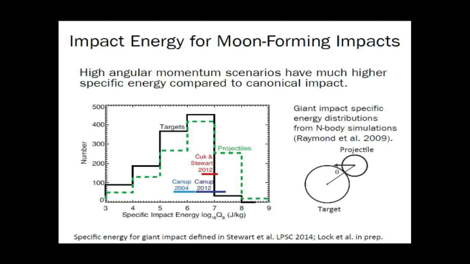The canonical Mars-size impactor is a roughly order of magnitude less energetic event compared to the new high angular momentum cases. But the high angular momentum cases are the mode of what we find during the giant impact stage of planet formation. So about 20 to 25% of impact events occur in this high energy range.